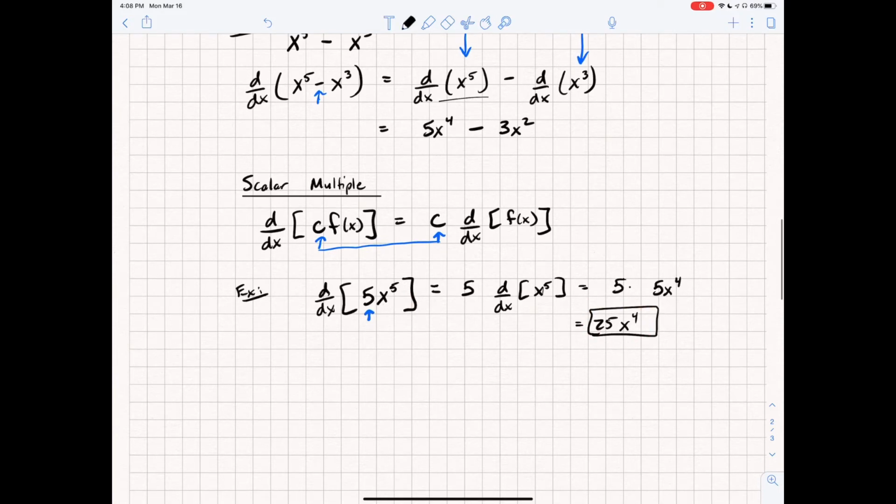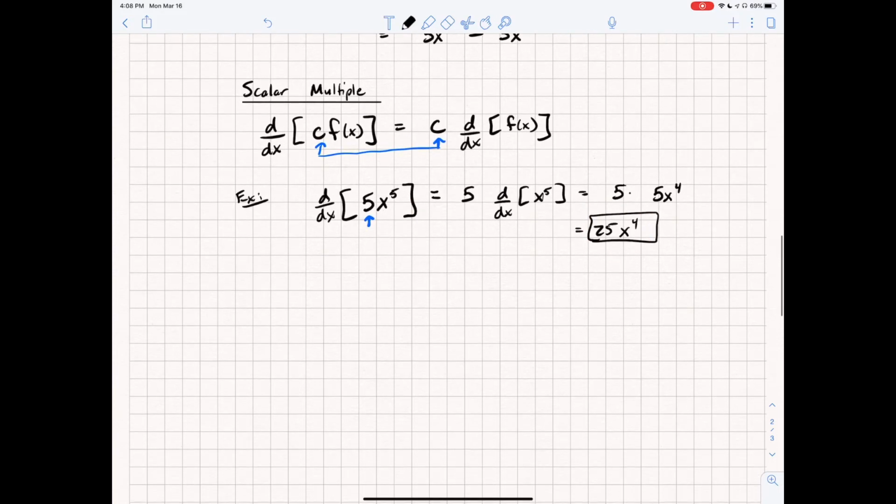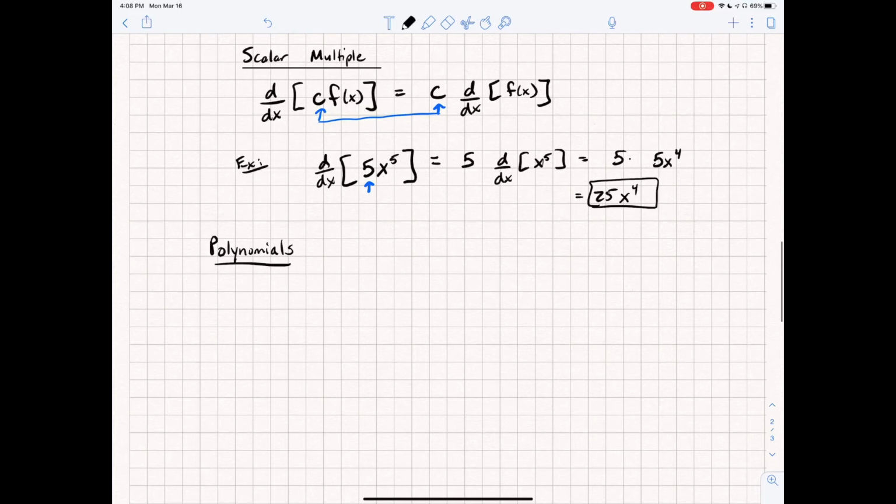And so this really opens up the door now for specifically polynomials and how I could find the derivative of polynomials. Keep in mind, a polynomial is something like 3x to the 3rd minus 2x squared plus 10. It's just something that has x's with whole number powers and then real coefficients, like 3, minus 2, and 10.